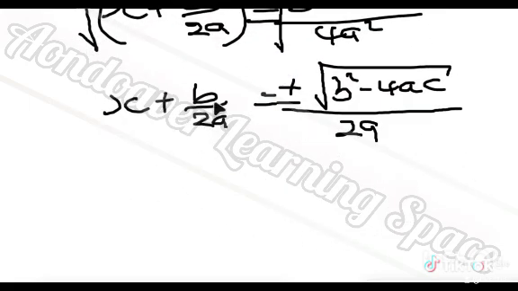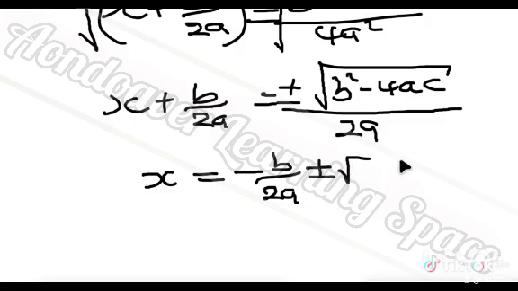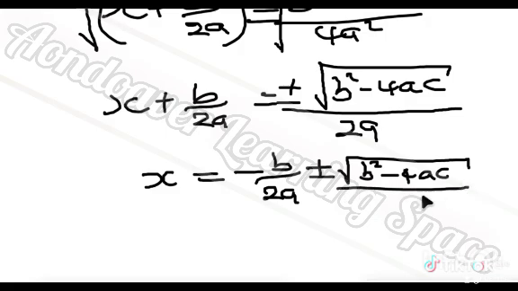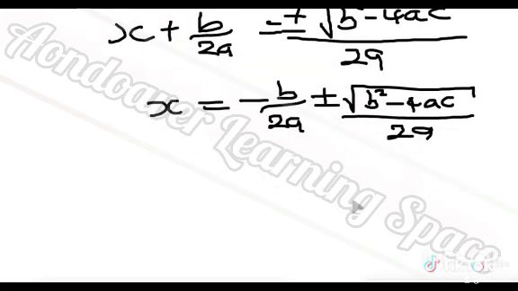So we move this b to the right hand side since we want to make x the subject of the formula to stand alone. So we have x is equal to minus b over 2a plus or minus root b squared minus 4ac all over 2a. So we take the LCM of the denominators.